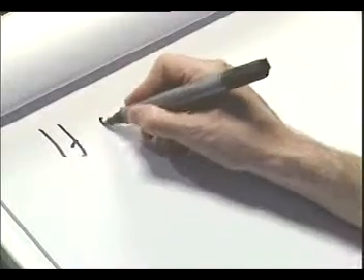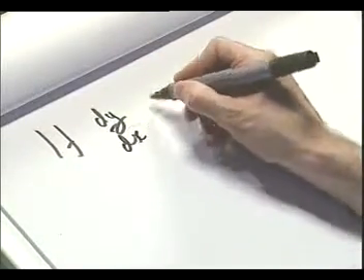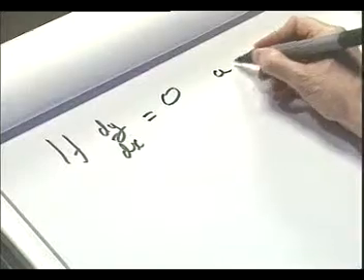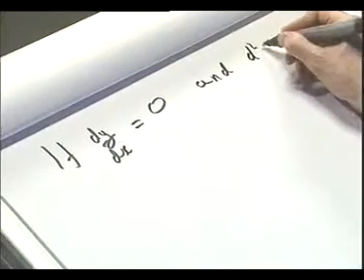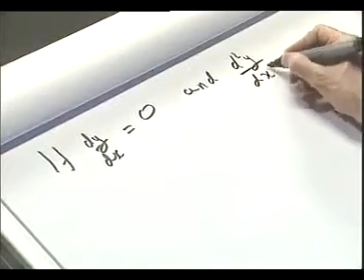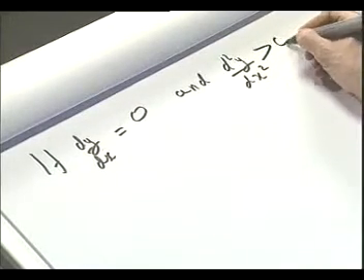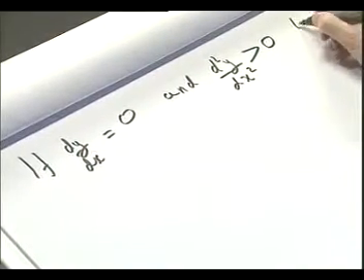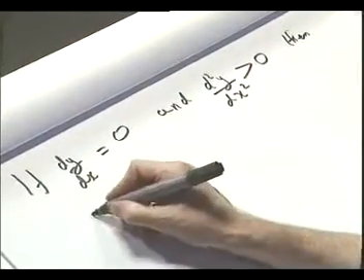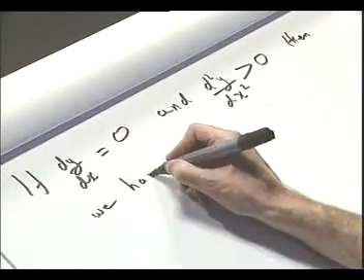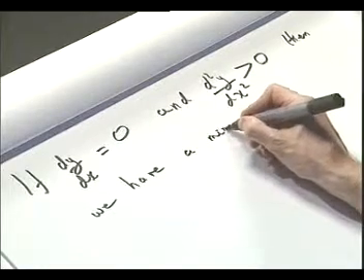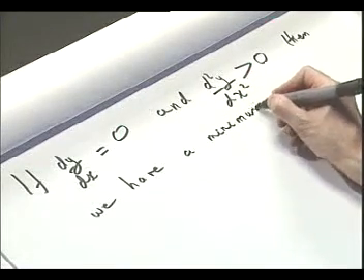Is that true for all minimum points? Little trick of logic here. Let's just write down what we've got. If dy by dx equals 0 and d2y by dx squared is greater than 0, positive, then we have a minimum.